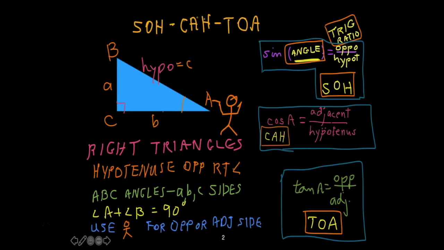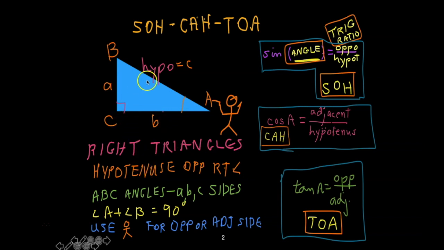So you have sine, cosine, tangent, and SOHCAHTOA. SOHCAHTOA is sine equals opposite over hypotenuse. Cosine equals adjacent over hypotenuse, and tangent equals opposite over adjacent. So this only applies to right triangles.